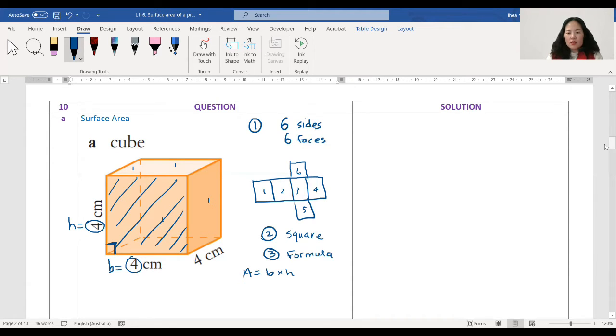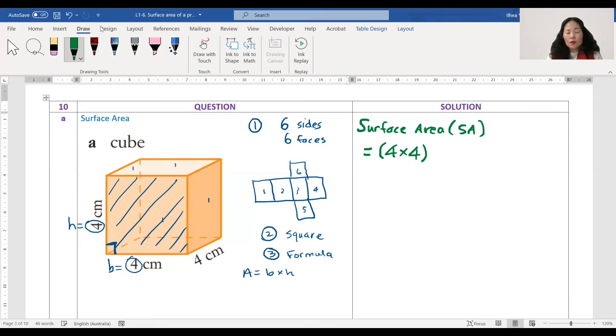So let's have a look at the surface area. Each square will be base times height. So that's the area for one face, because that's this one. But how many faces do we have? 6, and they're all the same.